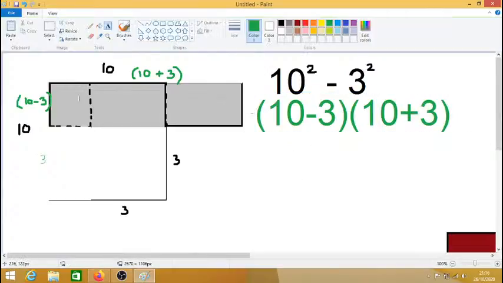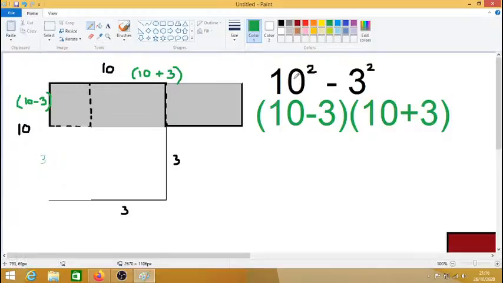So I could work out the grey area by doing 10 take away 3 in brackets times 10 plus 3. That would give me the area of the grey rectangle, which is the difference of the two squares.